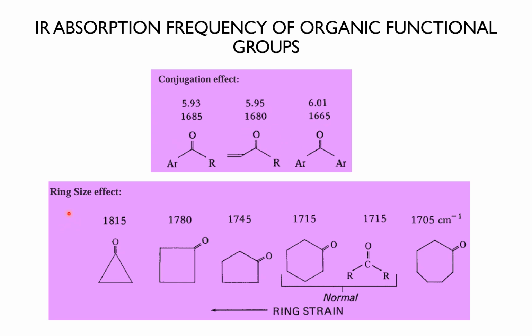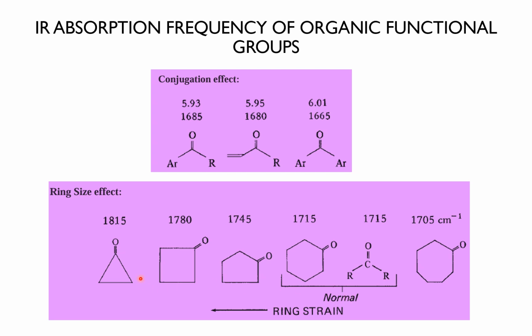As I said, ring size also affects the carbonyl frequency. As the ring size increases, the absorption frequency decreases. So here we can see that when we have cyclopropanone, the value is highest, which is 1850 centimeter inverse. And for cycloheptanone, it is 1705 centimeter inverse. The reason is as the ring size increases, the angle strain decreases.